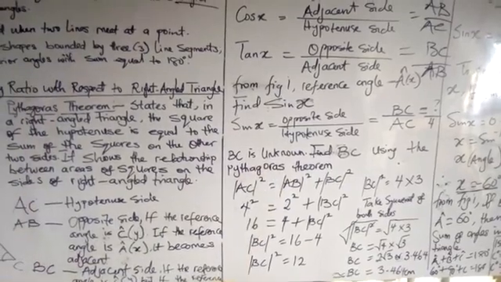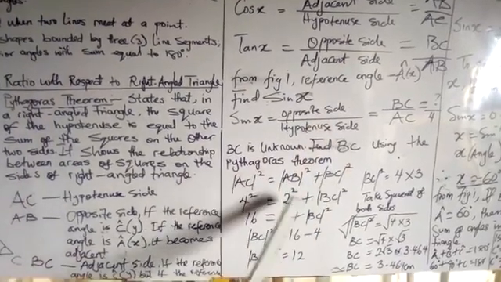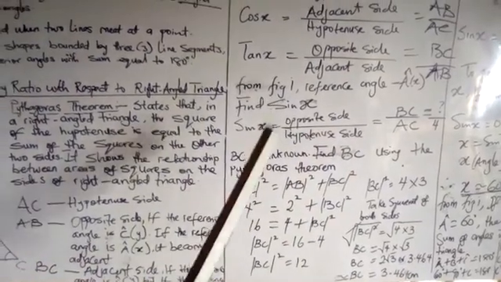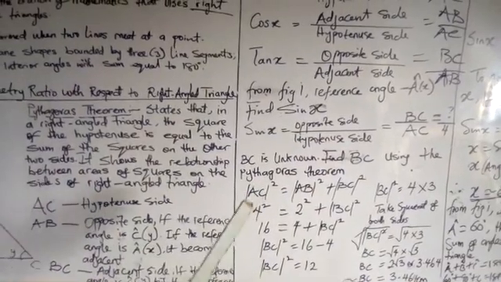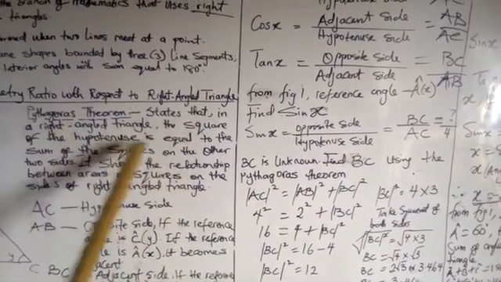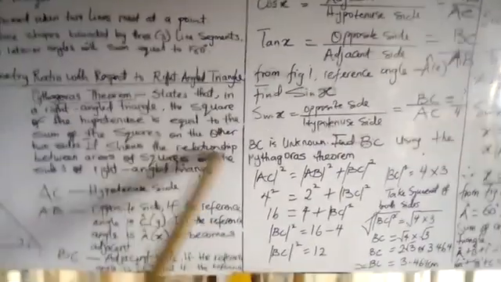So how do we do that? Using Pythagoras theorem, the square of the hypotenuse is equal to the sum of the squares on the other two sides.